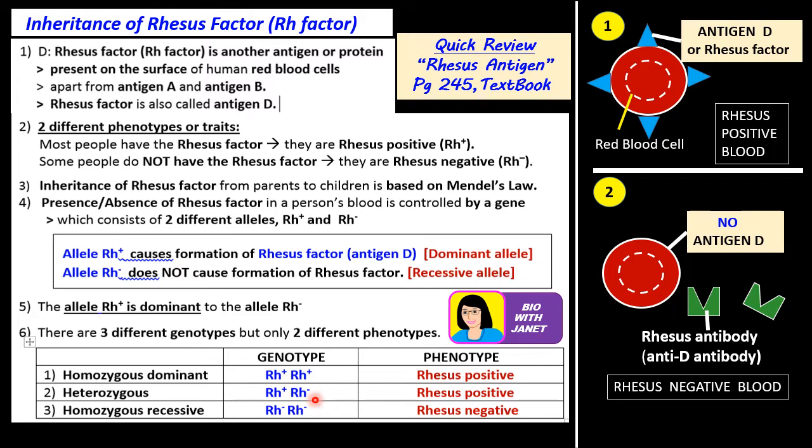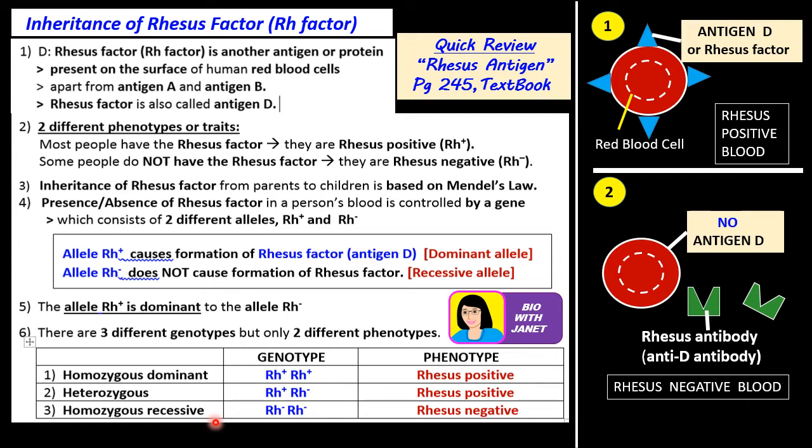Because we are diploid organisms, we are formed through the fusion of a sperm and ovum, so we have two sets of chromosomes in each of our cells. So we have two alleles in this case for rhesus factor. The phenotype for this heterozygous individual is rhesus positive because Rh positive, which causes formation of rhesus factor, is the dominant allele compared to the Rh negative allele.